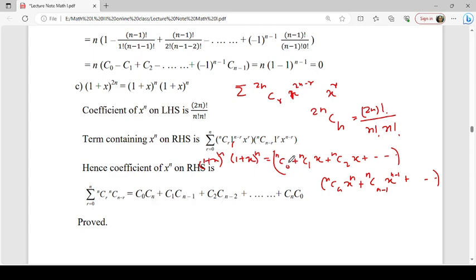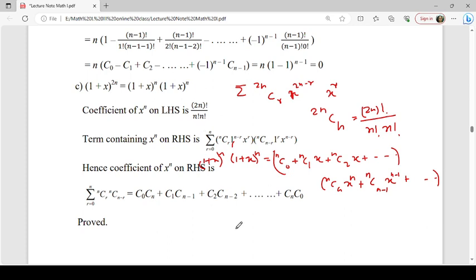So what you see in this expansion, our coefficient of x to the power n is nC0 into nCn plus nC1 into nC(n minus 1), and so on. So it is C0 Cn, C1 Cn minus 1, up to Cn C0, and this becomes equal to 2n factorial by n factorial n factorial.